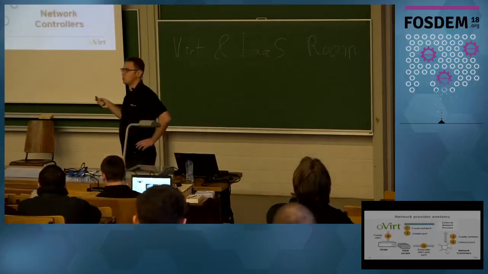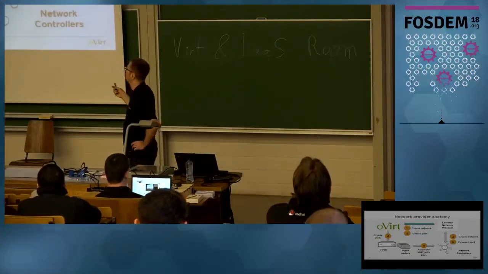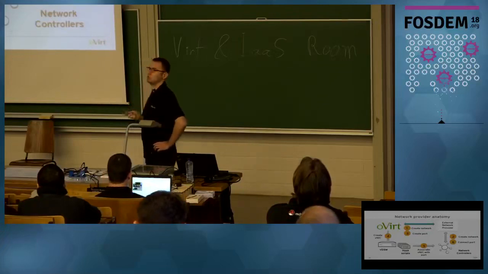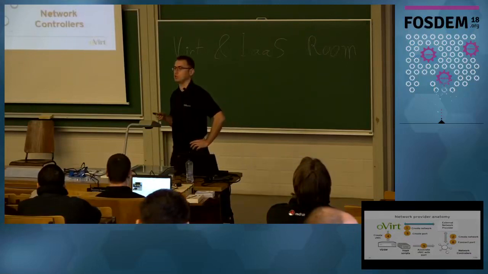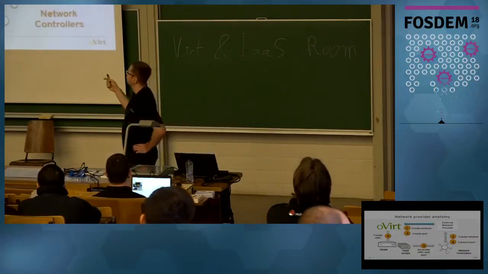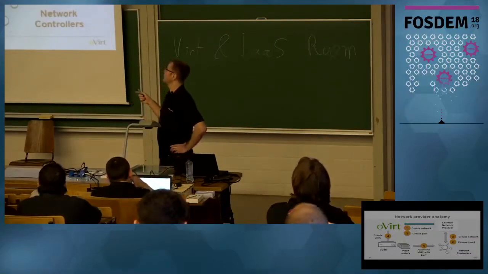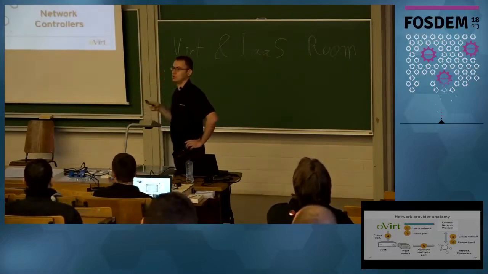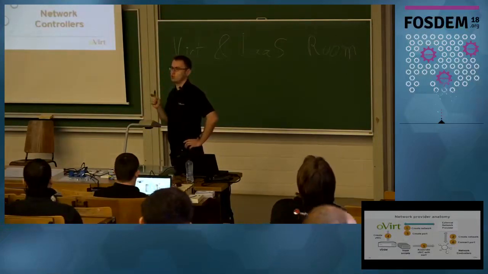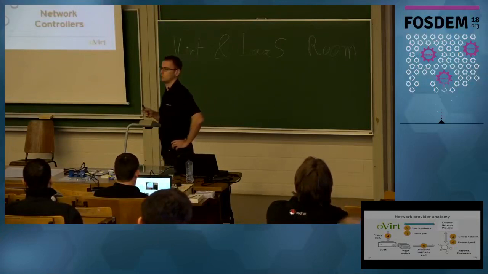Let me just go over how an external network provider would work in connection with oVirt. We have a scenario where we want to create an external network and then create a port, a VNIC on a virtual machine, and connect that VNIC to an external network that we have just created. As the first operation, we would go to the oVirt UI and click to create a new network. On the oVirt network panel, we would just have to click one checkbox, make it an external network, and choose the external provider that we want to create it on.